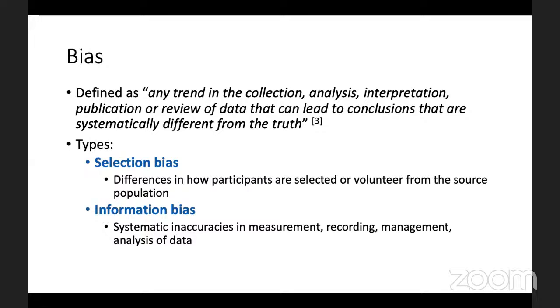Bias is defined as any trend in the collection, analysis, interpretation, publication, or review of data that can lead to conclusions that are systematically different from the truth. There are two main categories of bias. These are selection bias, so how participants are selected or volunteer from the source population, and then information bias, which are systemic inaccuracies in measurement, recording, management, and analysis of data.